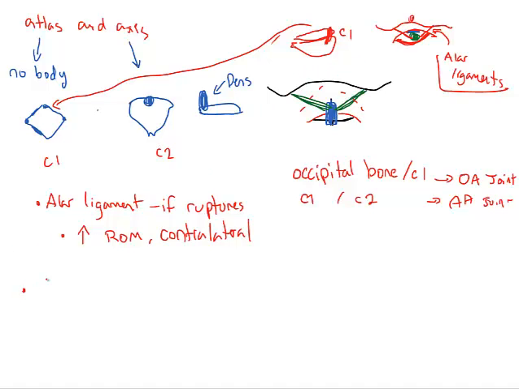One last thing we should go over. Let's actually start a new slide for this one. This is for the hangman's fracture. Now, the hangman's fracture, you can think of it as a guy, rope. Here's a noose. Here's his head. You hang a guy. This is where they got it from.